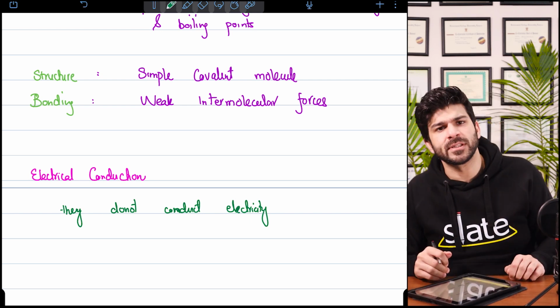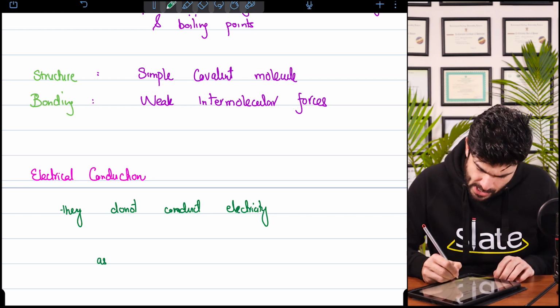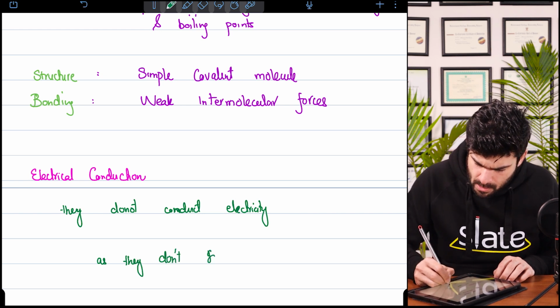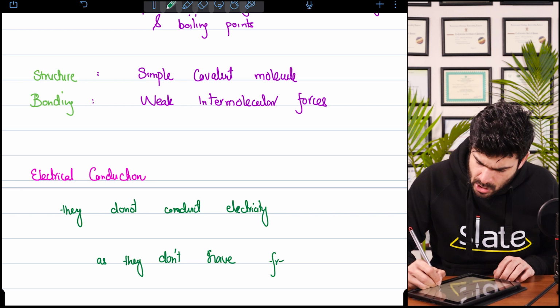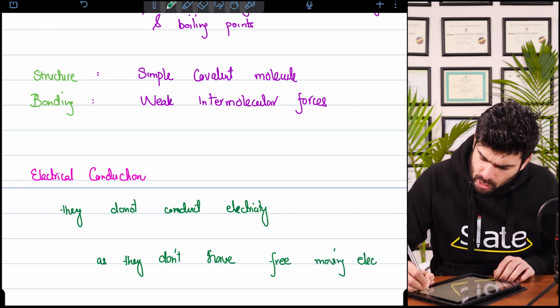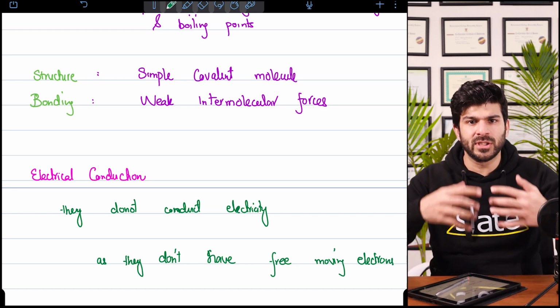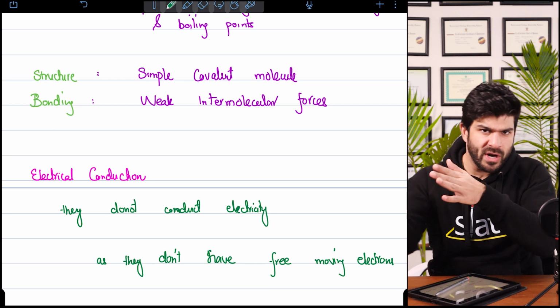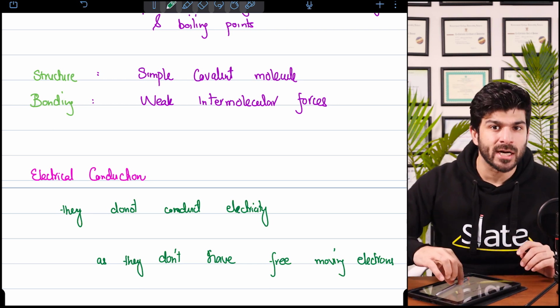They do not conduct electricity. Why? As they don't have free moving electrons. Remember, in covalent, we just closed the free electrons. They cannot move around. So that is why they cannot conduct electricity.